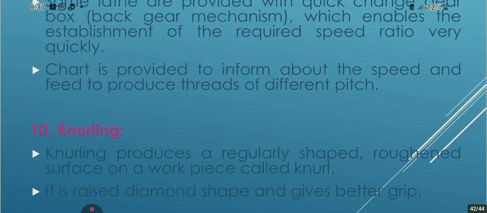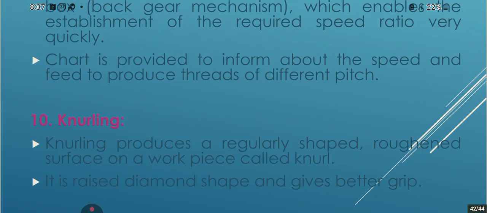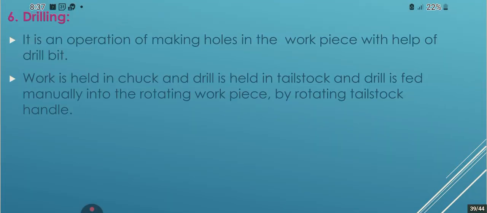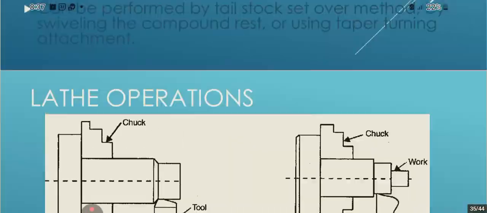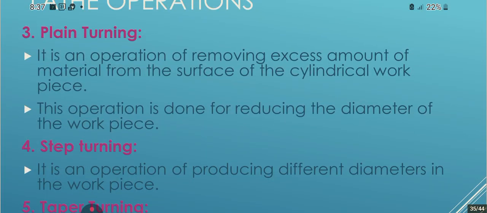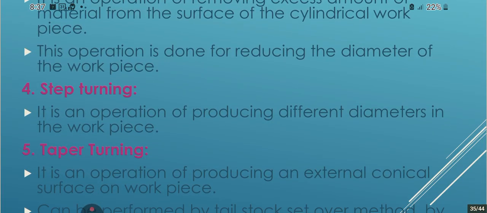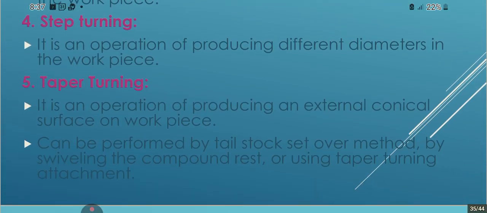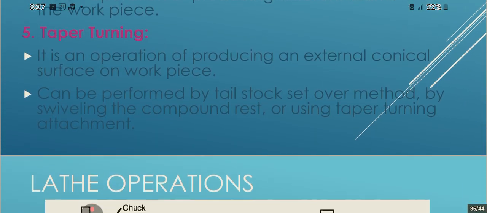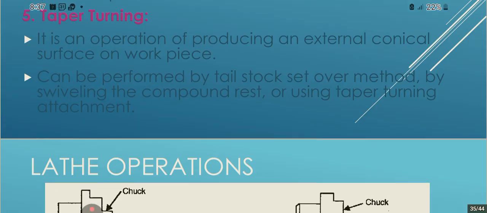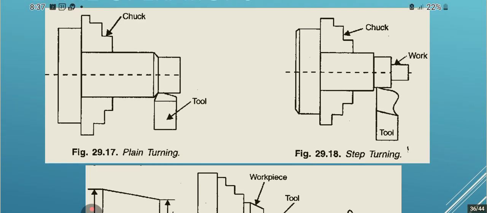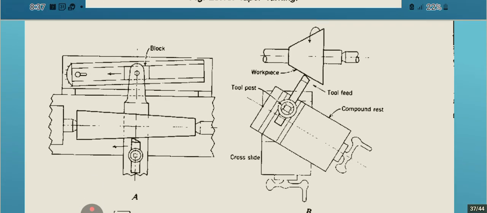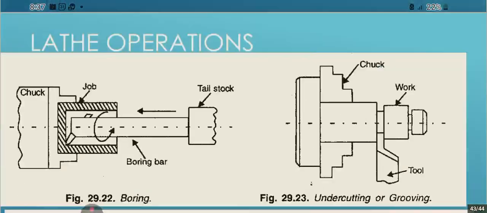Everything's pretty clear. Boring's pretty clear. Drilling's pretty clear. Step turning is producing different diameters. Taper turning is an external conical surface, meaning an angle, tapered.